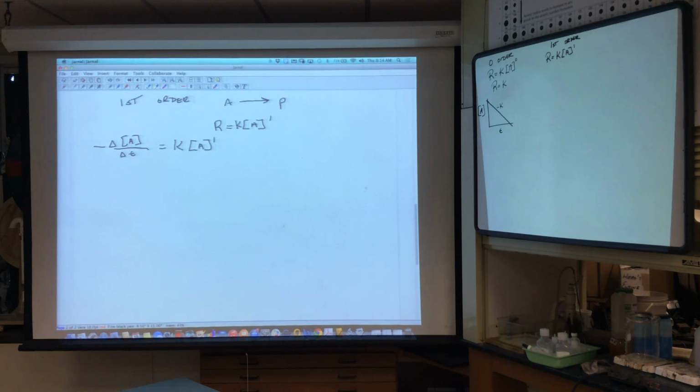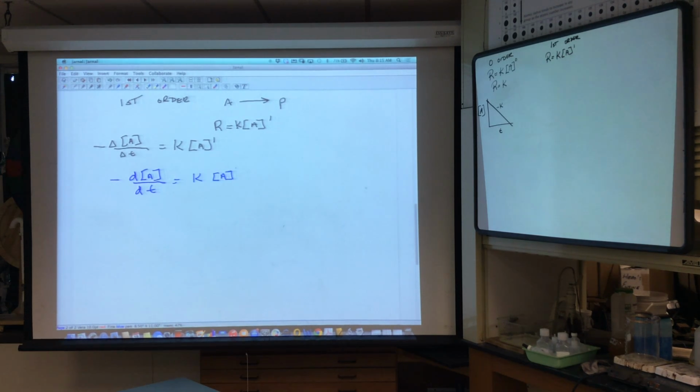Okay, we're going to do the same thing. Let's make a differential out of it. Let's do a derivative. That gives me negative d of A, or just A because it's just A here, sorry, and then over d of t equals k A to the first.